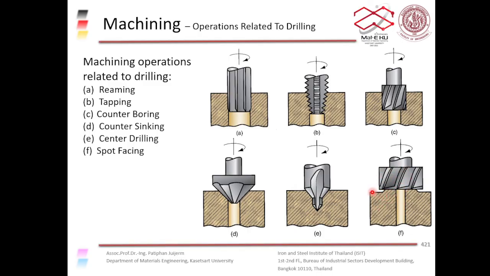So, for example, if this area is protruding on the surface, you use spot facing to get rid of those bumps on the surface, right? Because the workpiece doesn't move in the x and y axis, it just moves up and down. So it can get rid of that small bump in that local area. It doesn't move around.